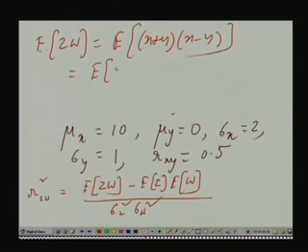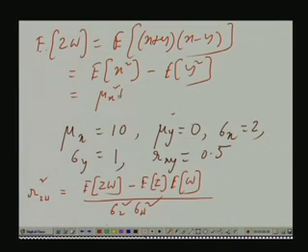So, E of x squared minus E of y squared. What is E of x squared? It is nothing but, we have seen, mu_x squared plus sigma_x squared.